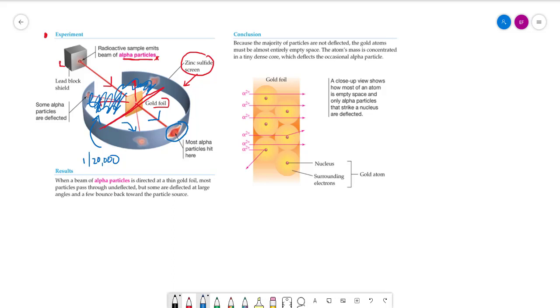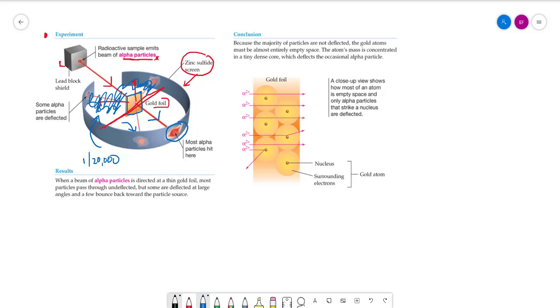And so he took a step back and he said, well, that must mean that the vast majority of space inside of this gold foil at the subatomic level must be empty space. And that's conflicting to what people had believed up to that point.